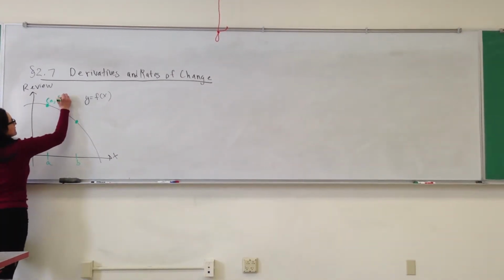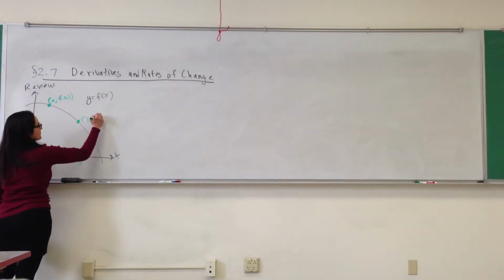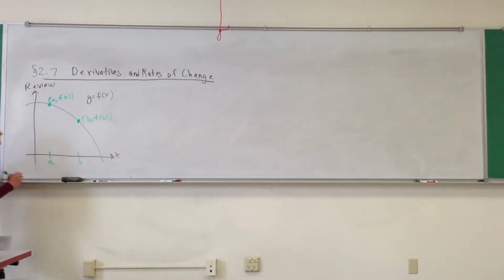A, f of A, and B has coordinates B, f of B.